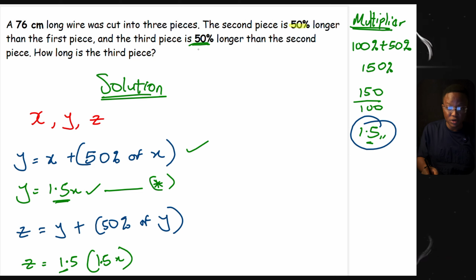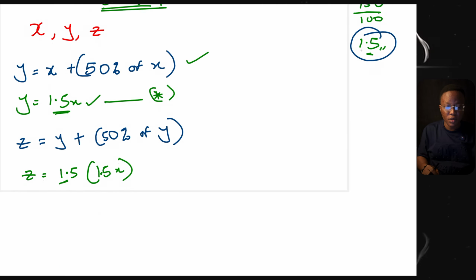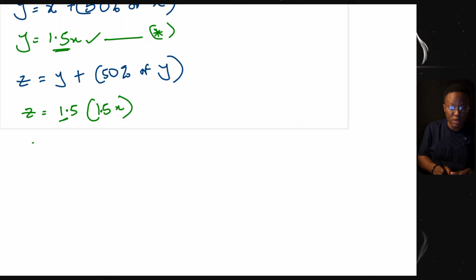A 50% increase means 100% plus 50%, and this gives us 150%, which converts to decimals, and that gives us a multiplier. Okay? And from there on, you can say Z is equal to 2.25X.